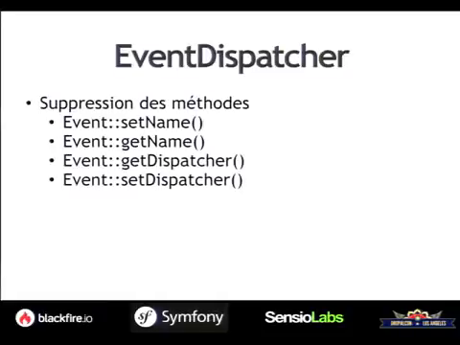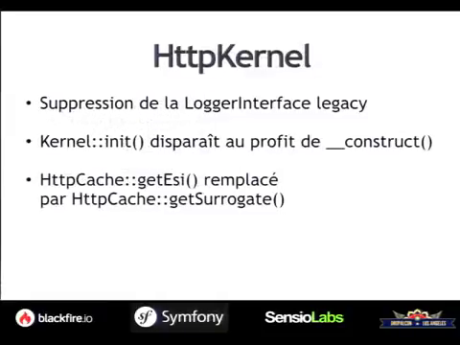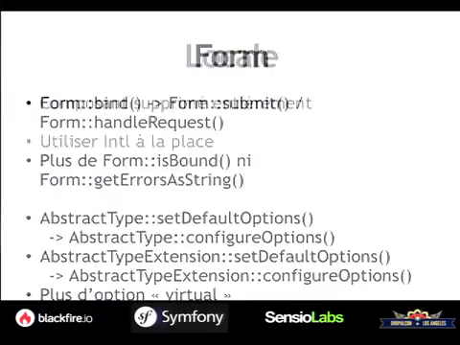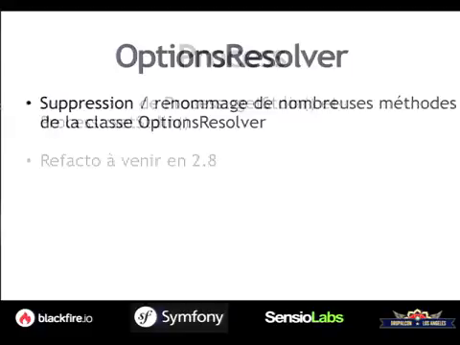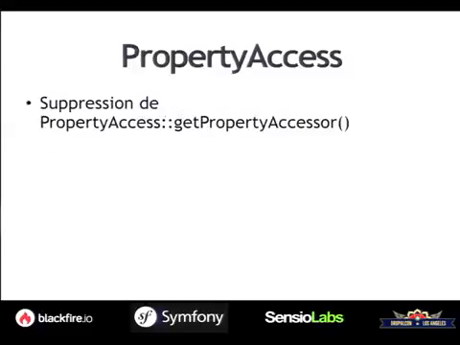We removed the logger interface from HTTP kernel because back then the PSR about logging did not exist. It exists now, so we can remove that. I've talked about init and so on. Everything else is really not that interesting.